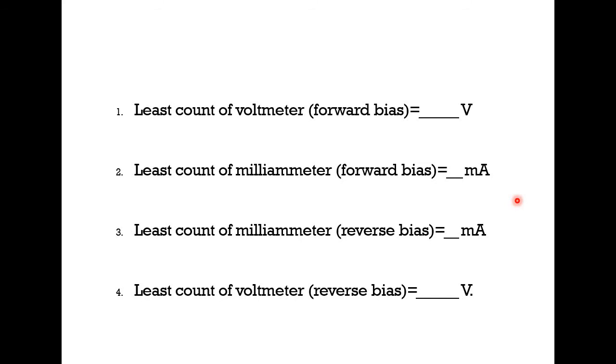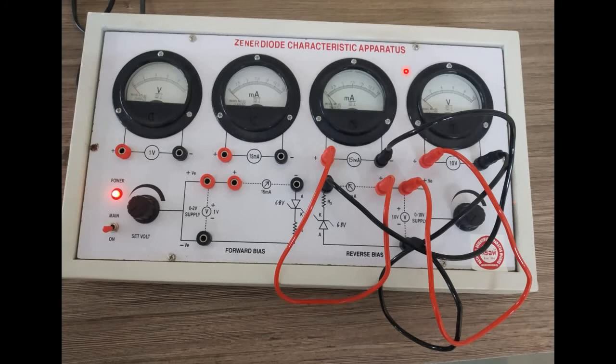Means with the help of that particular meter, see here you can see the meters. Each and every meter has a particular amount of scale. So what kind of minimum measurement you can get through that meter, that will be the least count of that meter. Like you people might be having a scale with you right now.